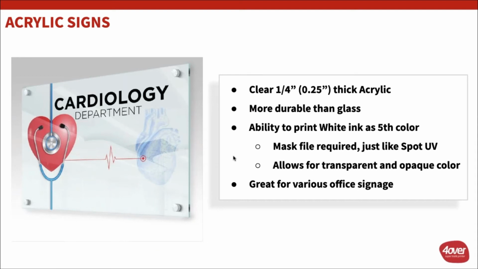Acrylic signs is a very clear acrylic that's a 1/4 inch thick, more durable than glass. And you can actually print white ink as a 5th color. Okay, so that's a really nice option. And that's also done just like the mask files that I just showed you for spot UV and raised UV and foil.